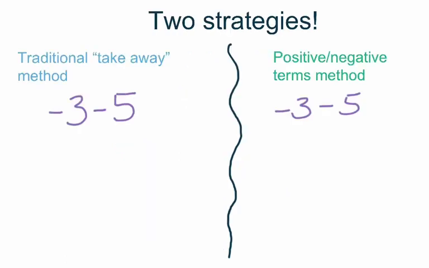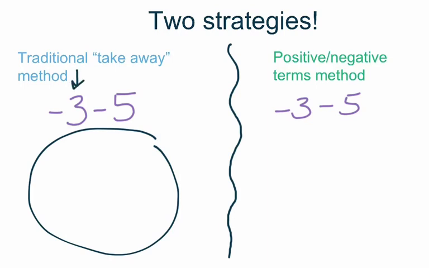All right, back to solving. I'm going to do our traditional takeaway method first. If it helps you, I'm going to draw my plate here. This first number is what I have. So I'm starting out with 3 negatives, and I want to take away 5. Some of us look at that as a +5, which in the operation sense it is.